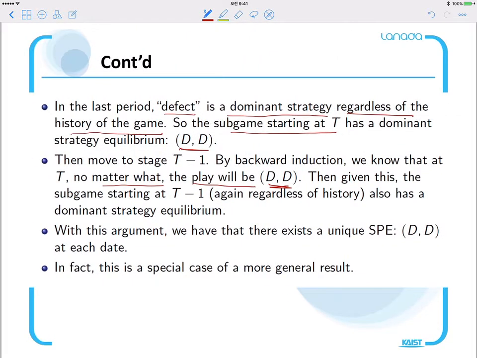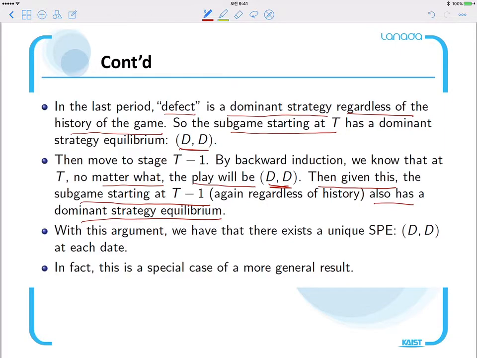Given this, the subgame starting at t-1 also has a dominant strategy. In this manner, D, D is the Nash equilibrium for the subgame of the last round, and if we go upward to the two-stage game, D, D is still a Nash equilibrium.